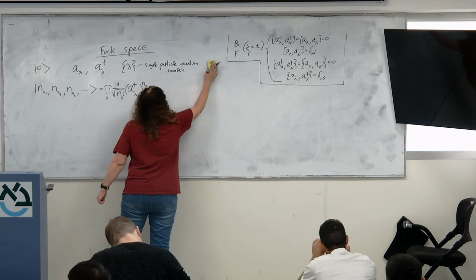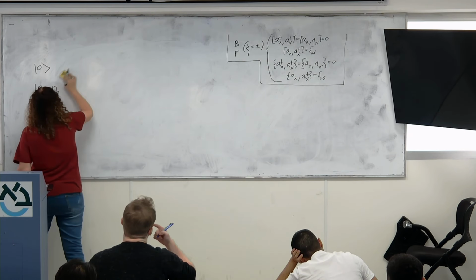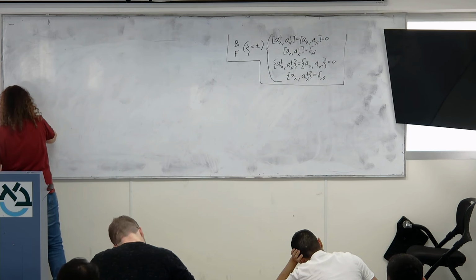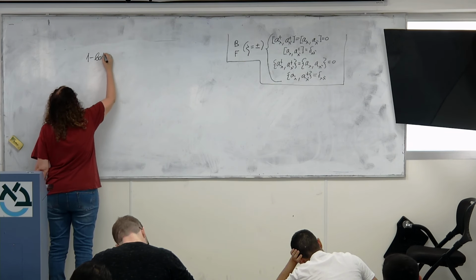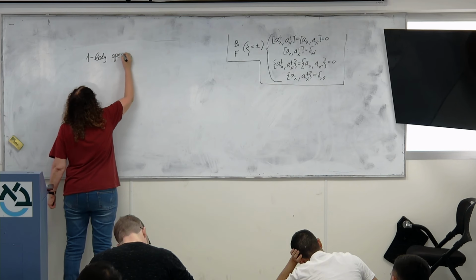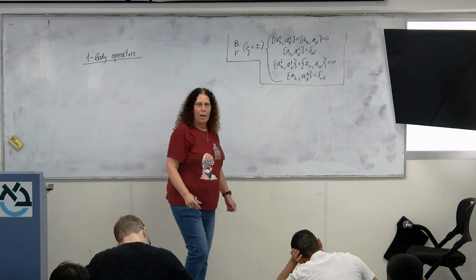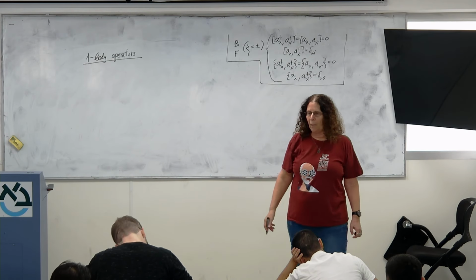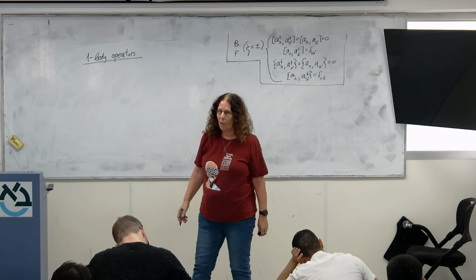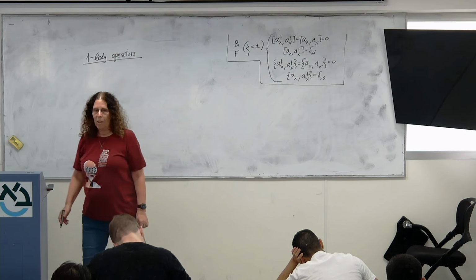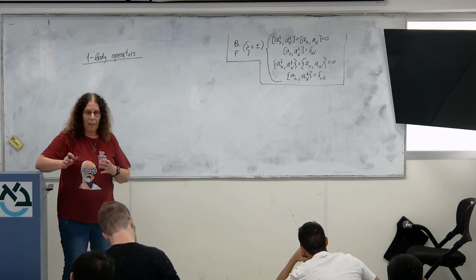So I think this I can erase, and we start just what we started doing in the end of last week. One-body operators. So these are the simplest ones because they are actually quantities that we are familiar with from our elementary quantum mechanics, right? What is a one-body operator? It's an operator that acts on each individual particle independently.